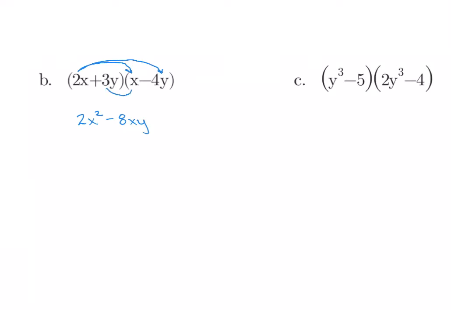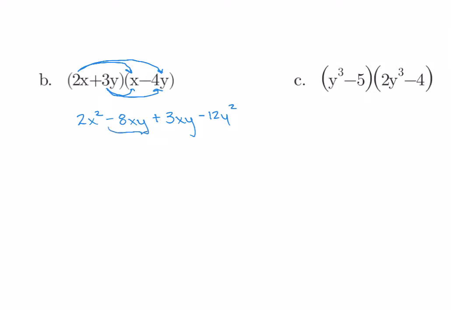Moving on to our insides, we get 3y times x, which you can write as plus 3yx, but I'm going to write it as 3xy because that way it's easier to see that we have two xy terms. And finally, our lasts, we get 3y times negative 4y is minus 12y squared.